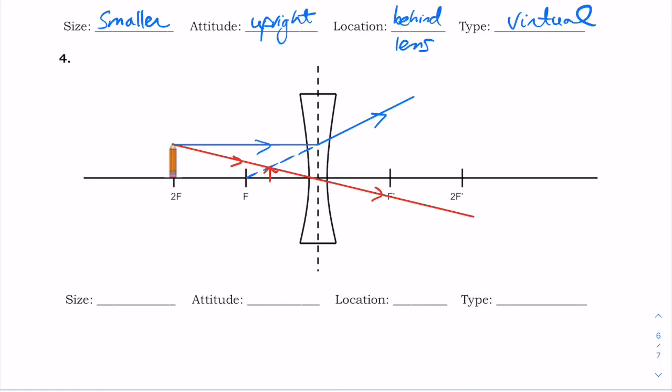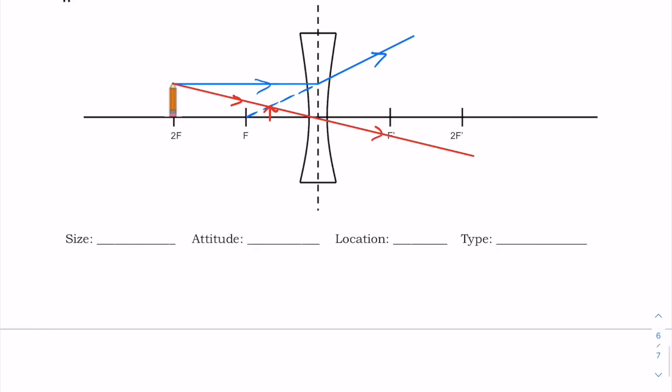And look at that. Once again, the image is smaller, upright, behind the lens, and virtual.